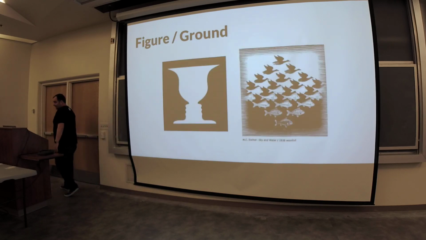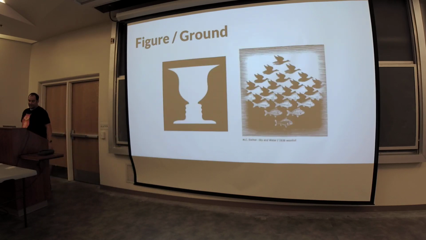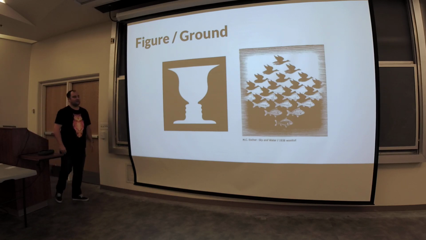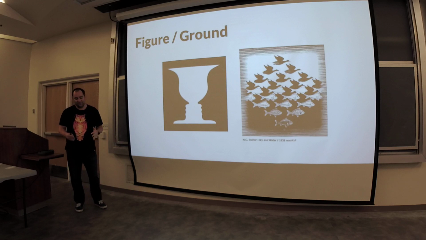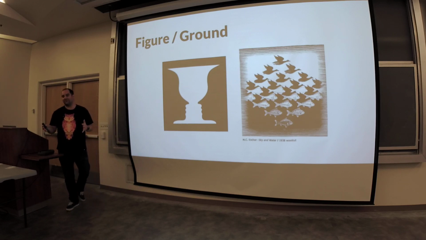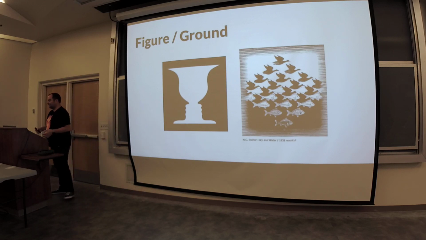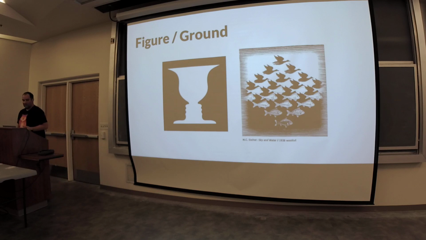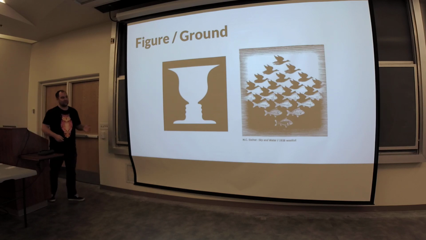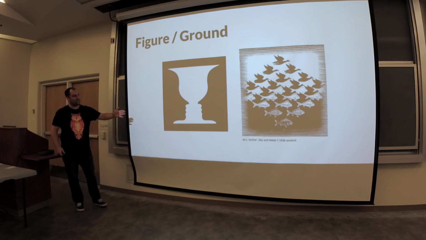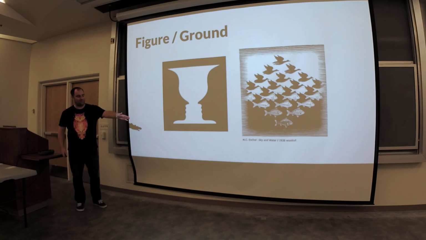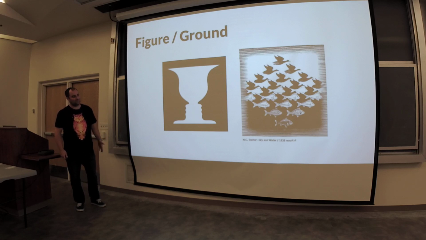And then another thing that Gestalt theory tells us is that we separate figure and ground. And these are some examples where there's a little bit of an ambiguity about what is the figure and the ground. Here I either have a drinking cup or two faces, and then here we have a continuum between fish and ducks, for example.